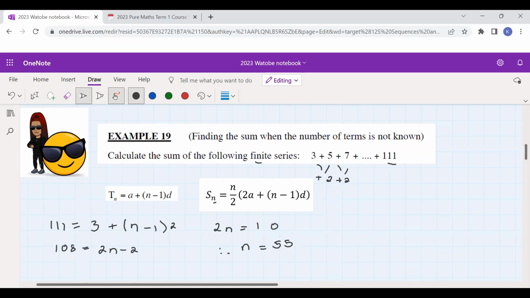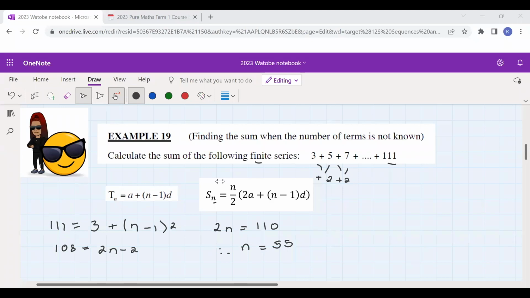So in this case, we know for sure that this specific series has 55 terms. Then why do we use 111 for Tn? Remember, Tn is term number something, which is this. So this one ends at 111.